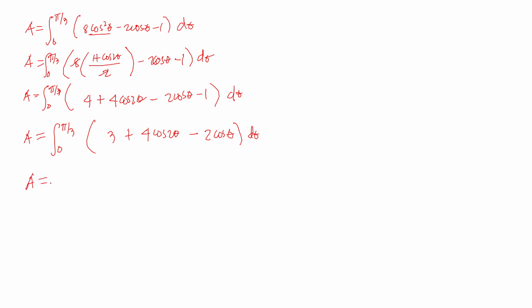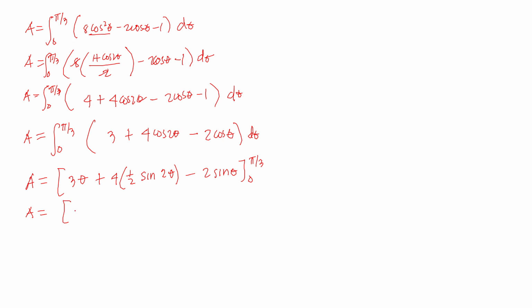Area is equal to 3 theta plus 4 times 1/2, the neutralizing factor, sine 2 theta minus 2 sine theta from 0 to pi over 3.